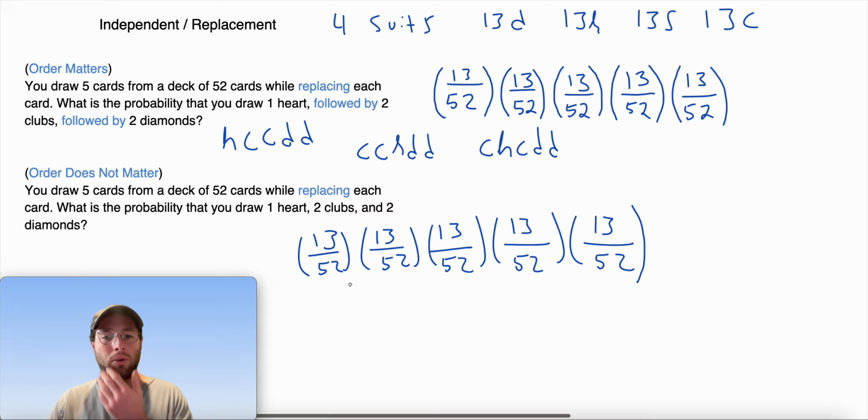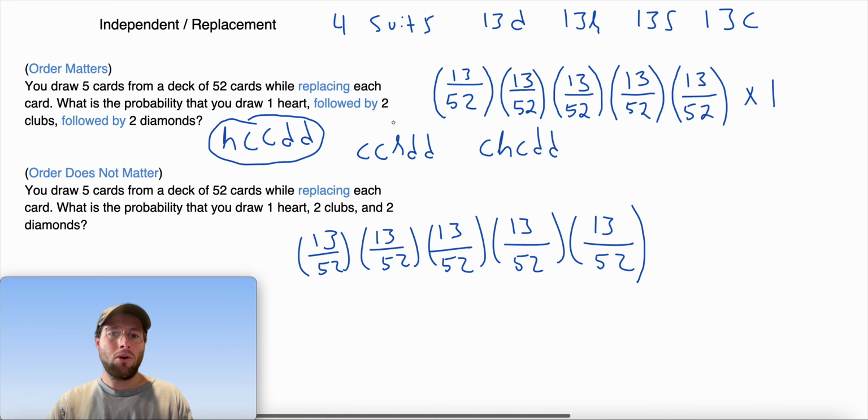Then we want to multiply this by the total possible arrangements, because now we're not just concerned with one particular arrangement. We can imagine that we multiplied this by 1 because we cared about this particular arrangement. But now we care about all the possible arrangements we can get. So we're going to have to multiply this by those possible arrangements.